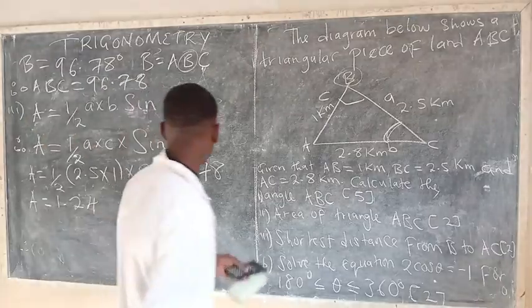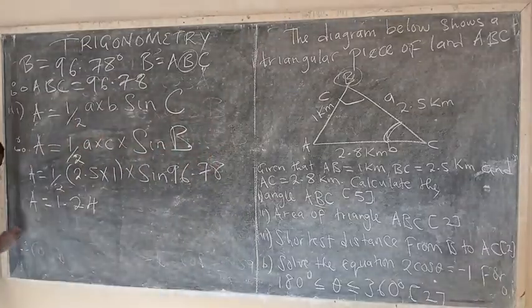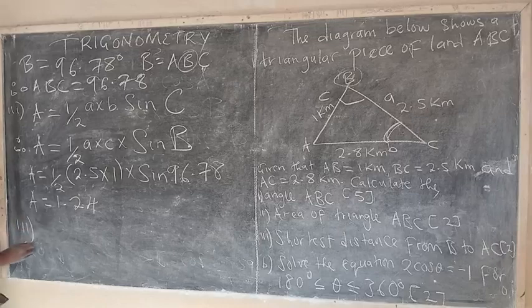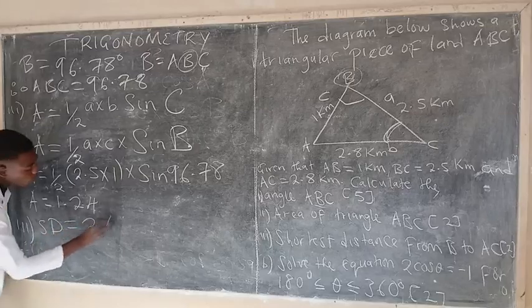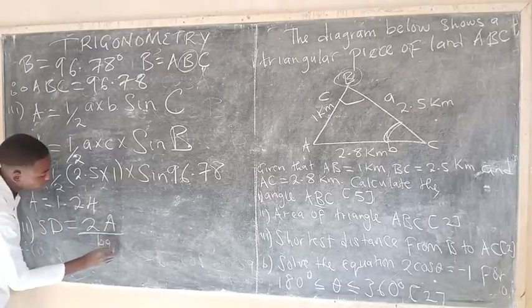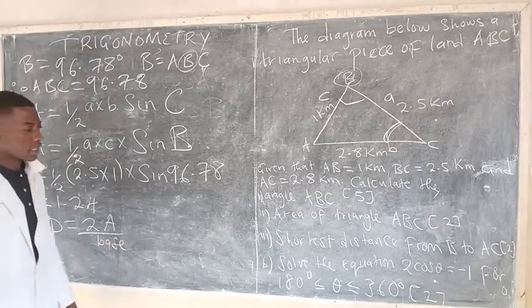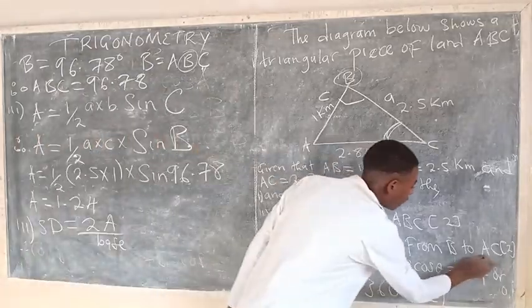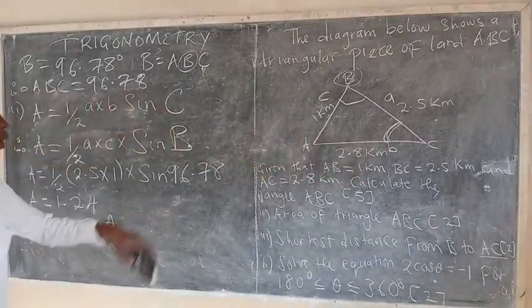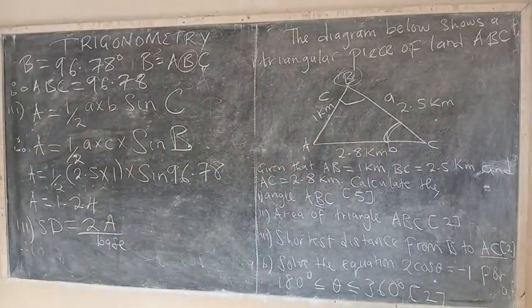Then upon finding the area, for the third one, we are told to find the shortest distance from P to AC. So shortest distance, which is SD, should be equal to 2 by the area over the base. Now which one is our base? Our base is always the letters that come into 2, which is our AC.